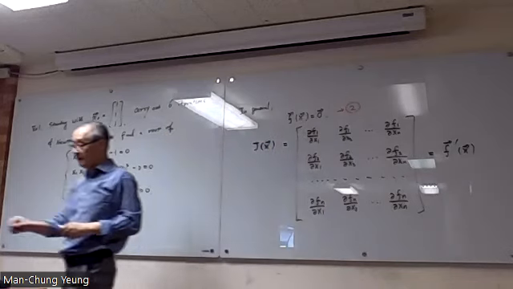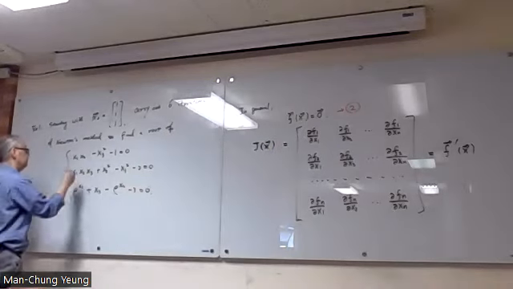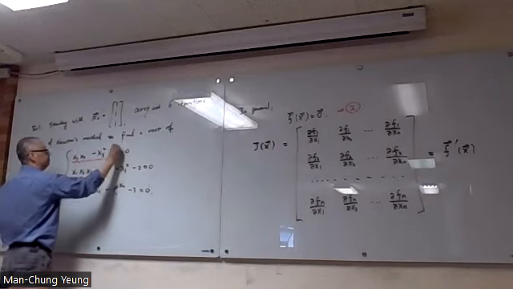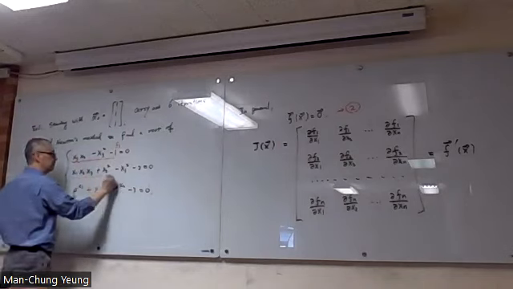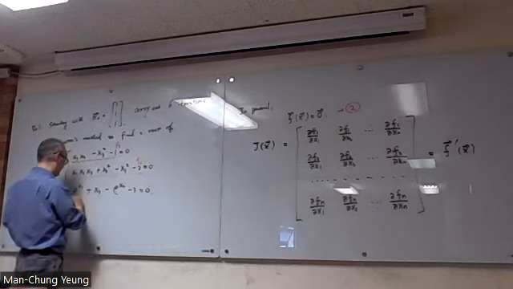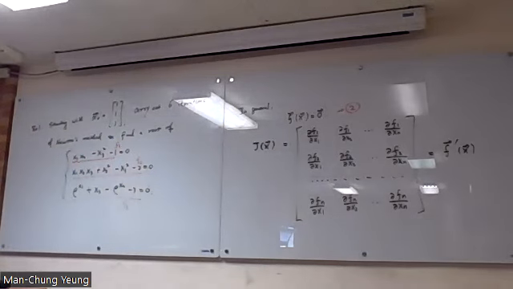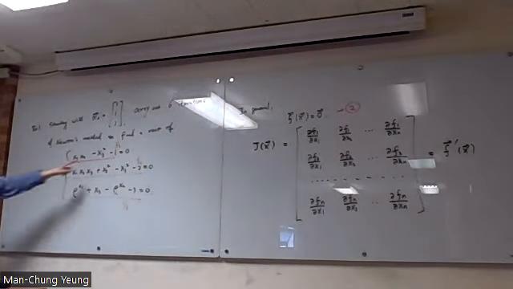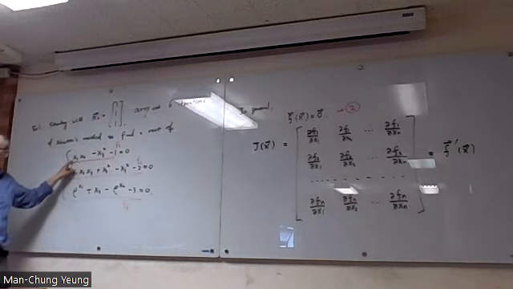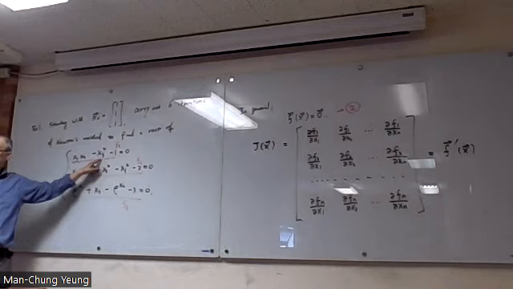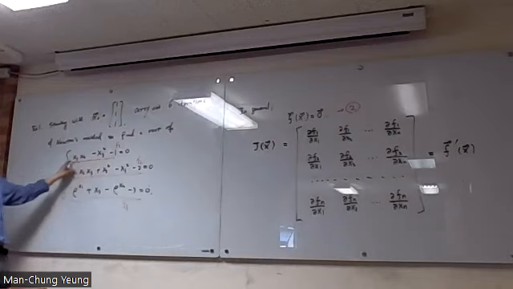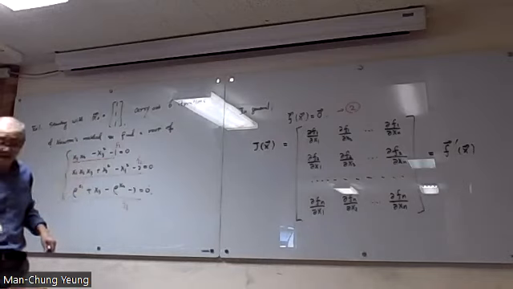This is f1, this is f2, this is f3. Take the partial derivative with respect to x1: x2 and x3 are held fixed, so only take the derivative with respect to x1, and the answer is x2.